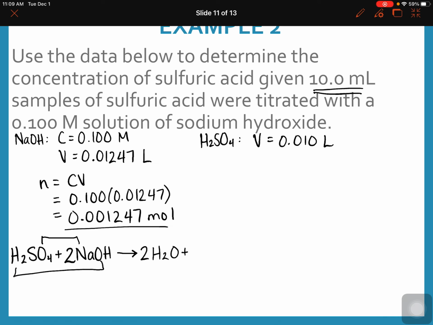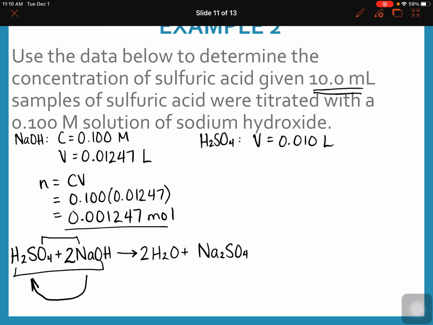And for sodium sulfate, sodium is a 1+, sulfate is a 2-. So when we crisscross, that gives us Na2SO4. So that is now balanced. So what this means is for every 2 sodium hydroxide, I need 1 sulfuric acid. So 2 moles of sodium hydroxide require 1 mole of sulfuric acid.